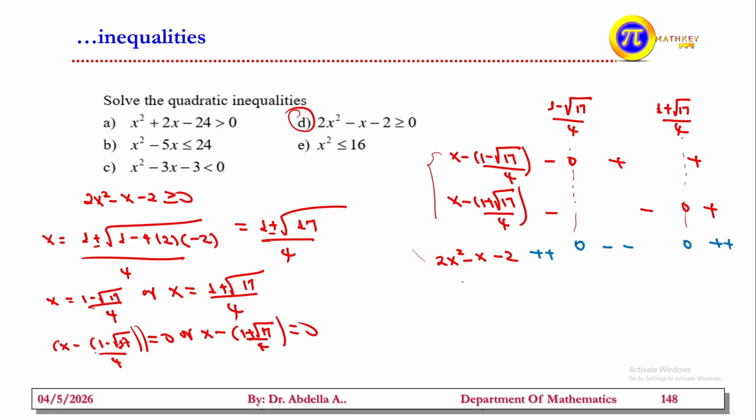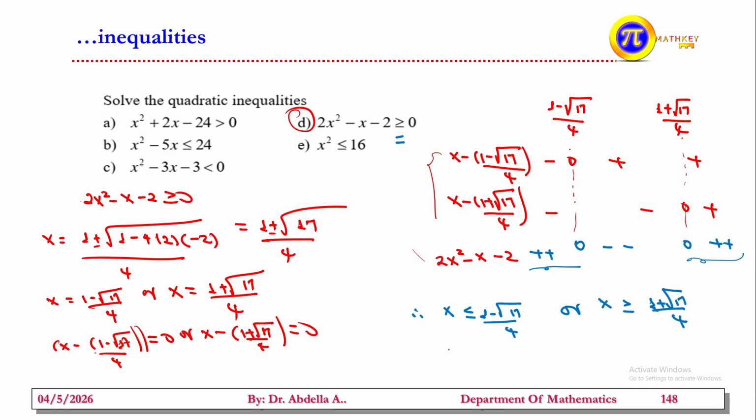What we want to find are values which are greater than or equal to 0. Greater than or equal to 0 means this interval as well as this interval, including the boundaries. Therefore, the solution is x less than or equal to 1 minus the square root of 17 over 4, or x greater than or equal to 1 plus the square root of 17 over 4.